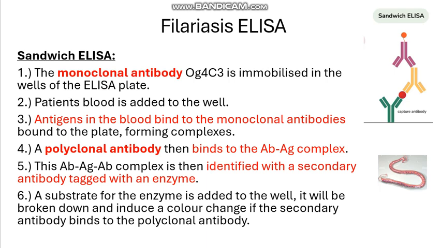If there's no antigen, if there's no little red circle, then the polyclonal antibody isn't going to attach to the monoclonal antibody, and the secondary antibody isn't going to attach and produce the substrate change, because after every step you would have a wash step where you wash the well, and if there's no antigen in the blood, then the polyclonal antibody and the secondary antibody tagged with the enzyme would just be washed away in the wash steps.